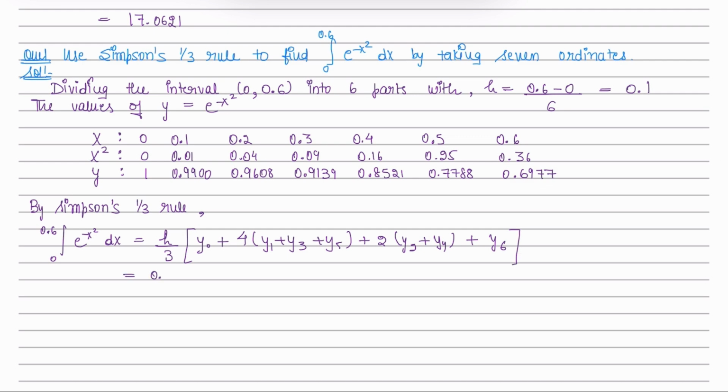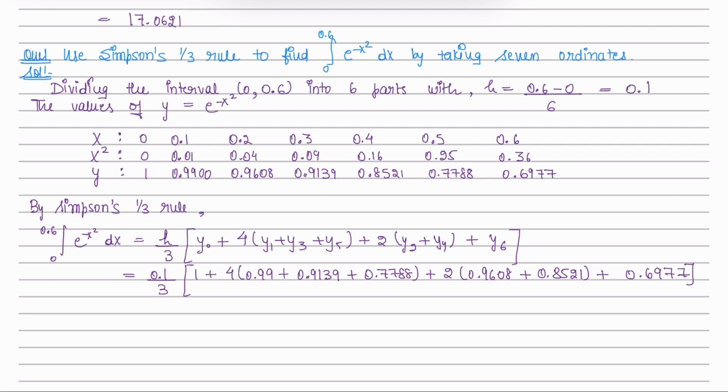Putting in the values of all these, this becomes 1 plus 4 times 0.99, 0.9139 plus 0.7788 plus 2 times 0.9608 plus 0.8521 plus the last term, which is 0.6977.